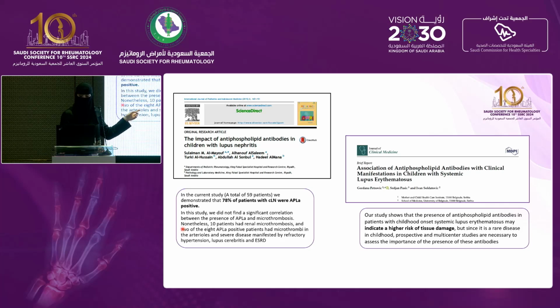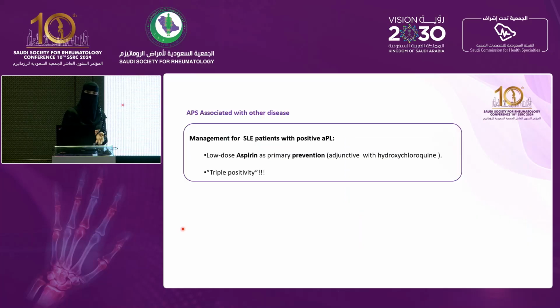In the other study, they saw that patients who had SLE and positivity of antiphospholipid antibodies had more tissue damage and severe disease. So if we have a patient who is diagnosed with SLE or another autoimmune disease and has positivity of antiphospholipid antibodies, we need to give them prophylaxis treatment with low dose aspirin, in addition to other treatment like hydroxychloroquine.